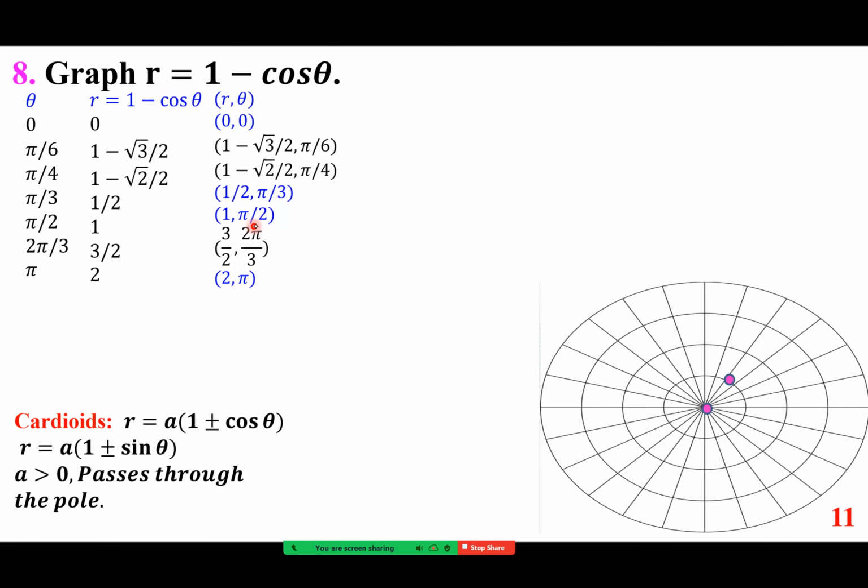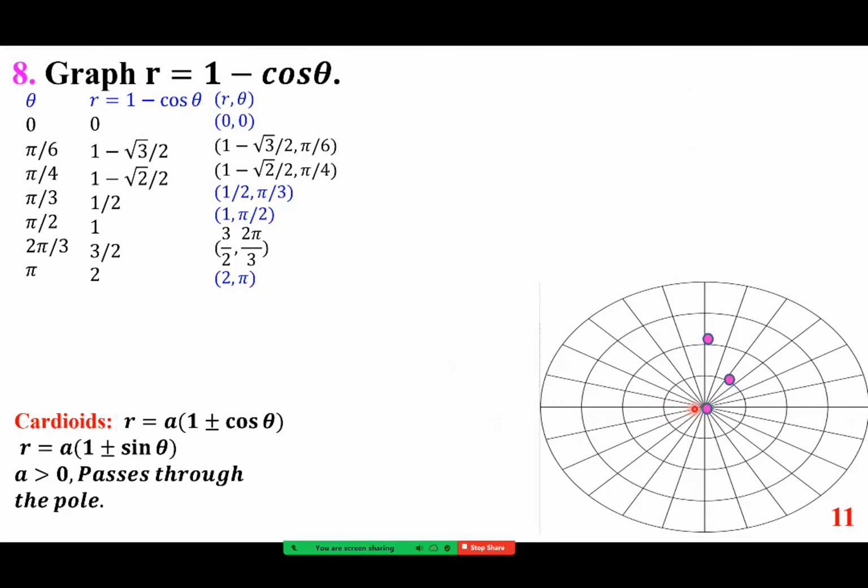1 and pi over 2. Pi over 2 is up here, right? Because pi would be down there. So 1 along this. Remember, this is half, this is 1. Remember, this is 0, and this side is pi.